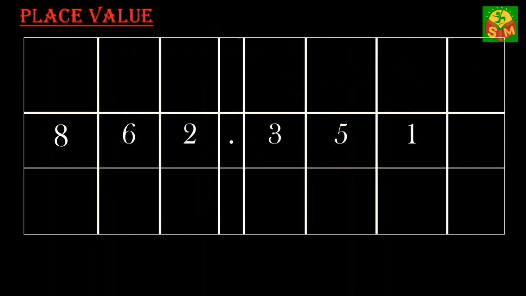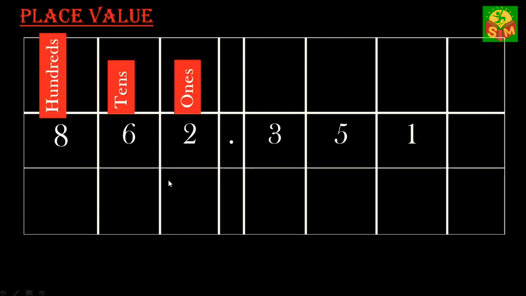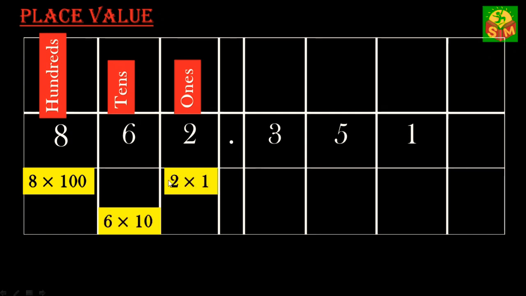For example, 862.351. How do we understand this number? The digits that appear before the decimal point work just like whole numbers. It will be 8 times 100 plus 6 times 10 plus 2 times 1, that is 800 plus 60 plus 2.